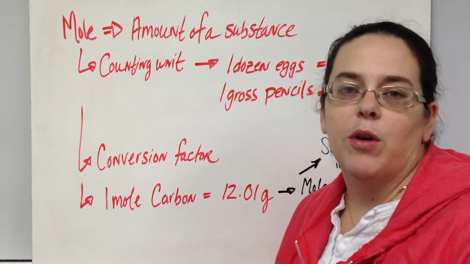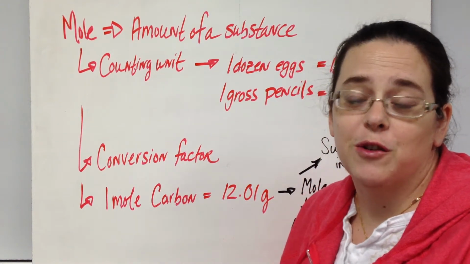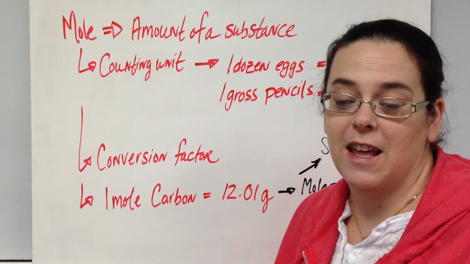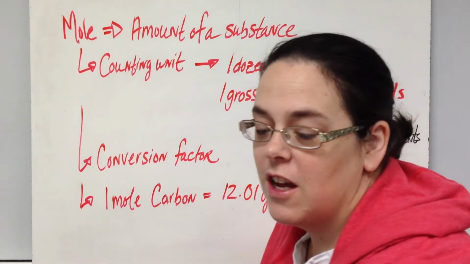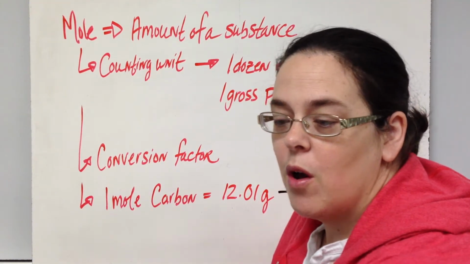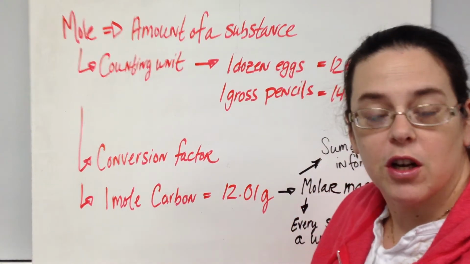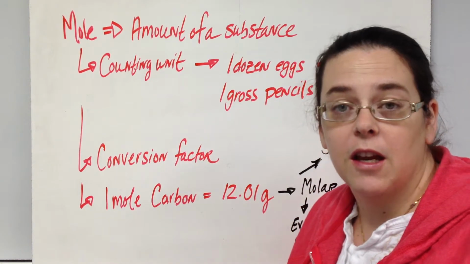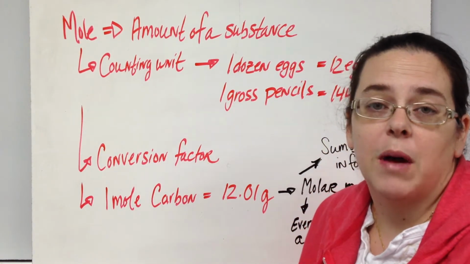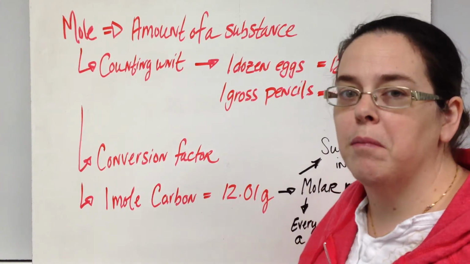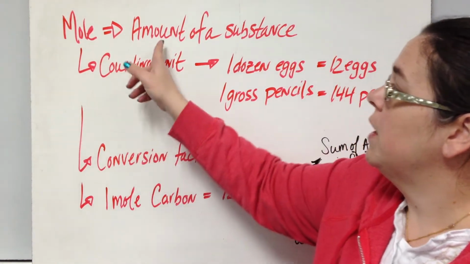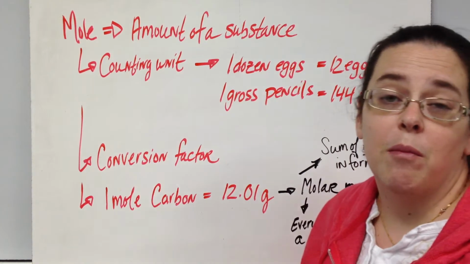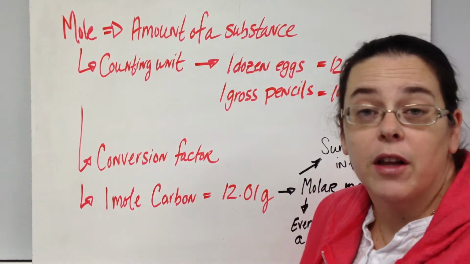Hi Chemistry. Today we're going to come back to everybody's favorite subject, and that is conversion factors. Except this time we're not going to be using metric conversion factors like we did in the beginning. We're going to be using a new unit called the mole. The mole is the amount of a substance, and that is a calculated number.